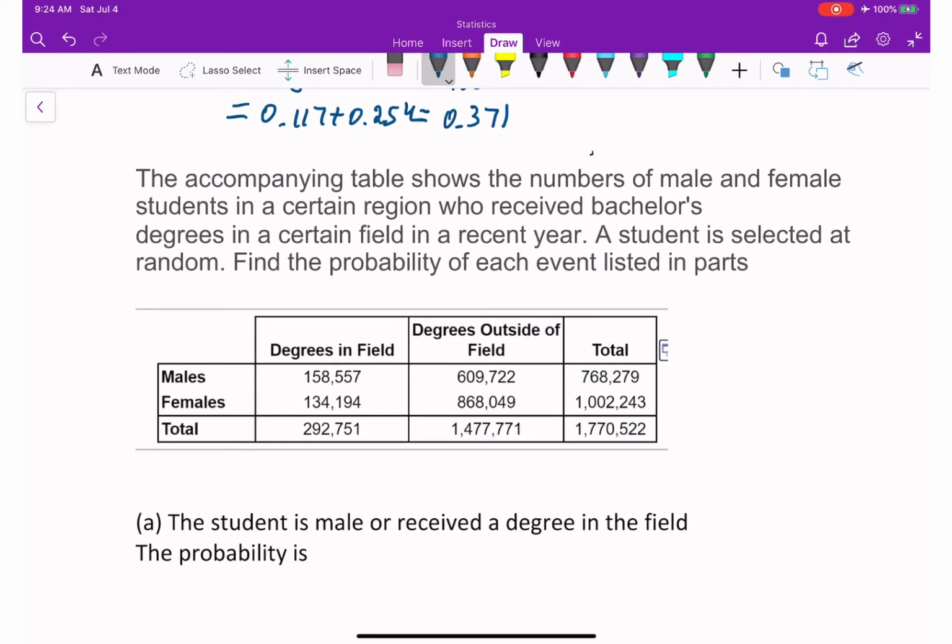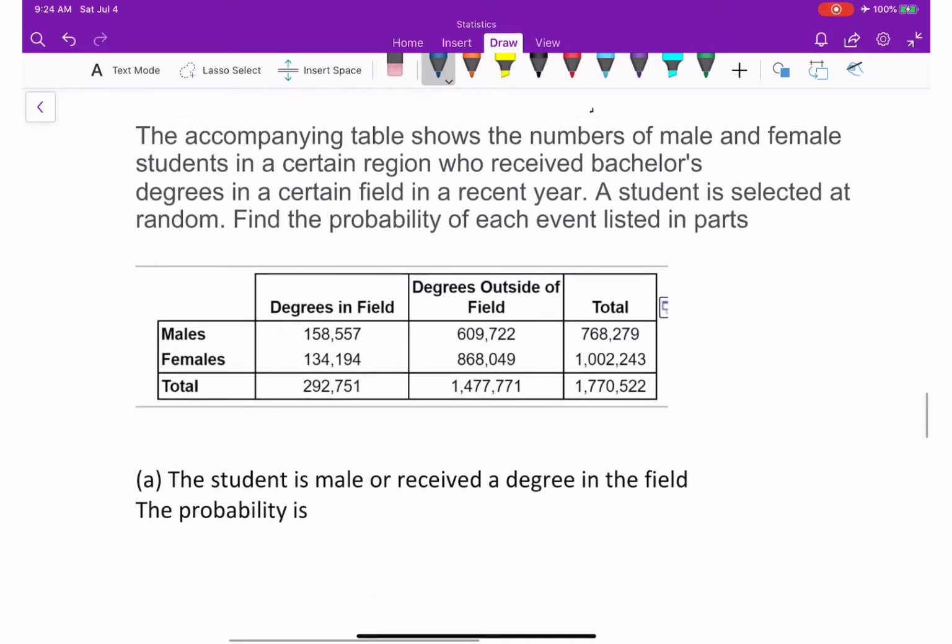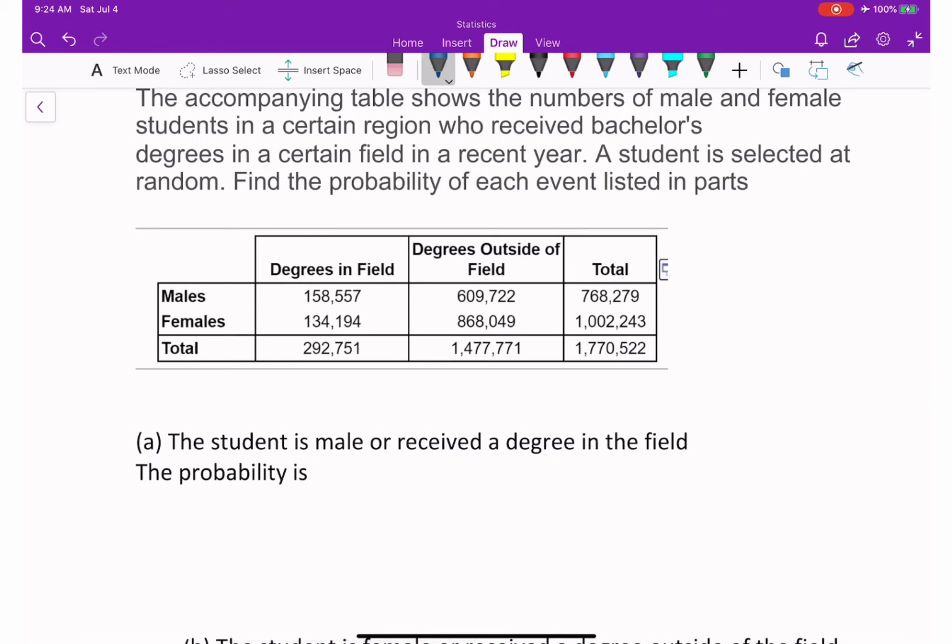Next problem. Here we have a table: degrees in the field, degrees outside of the field, and it's about male and female. So let's solve this problem. First question: the student is male or received a degree in the field.